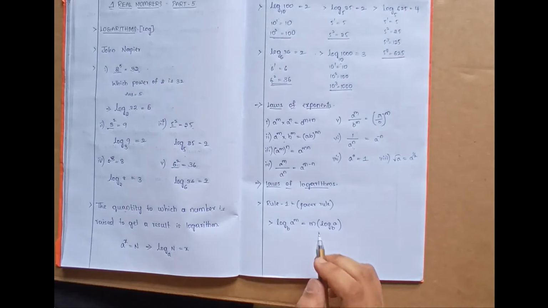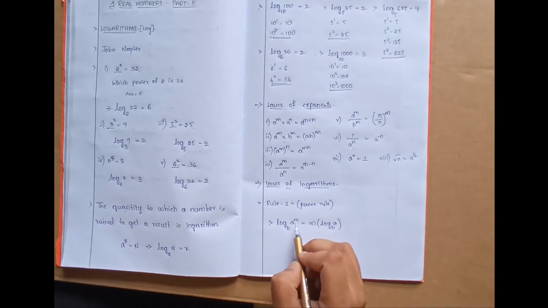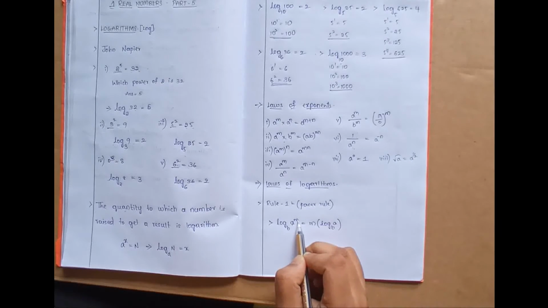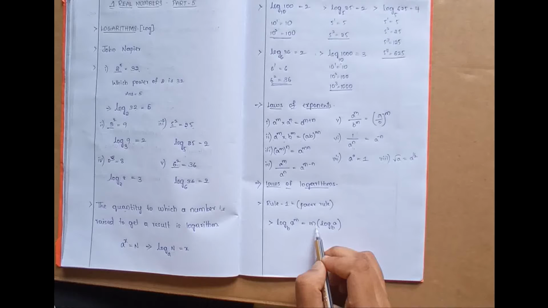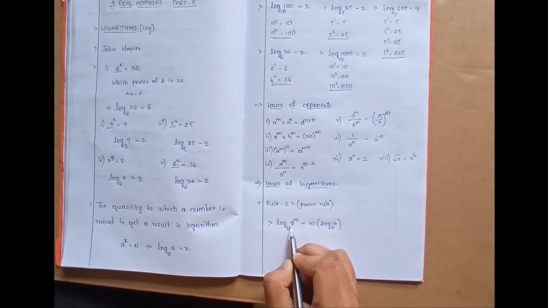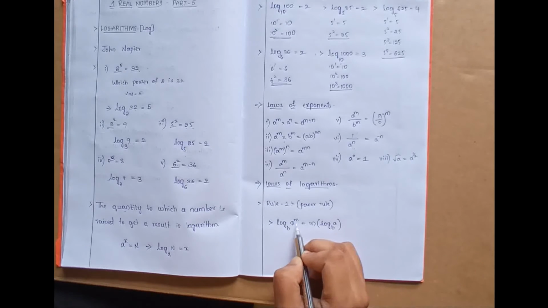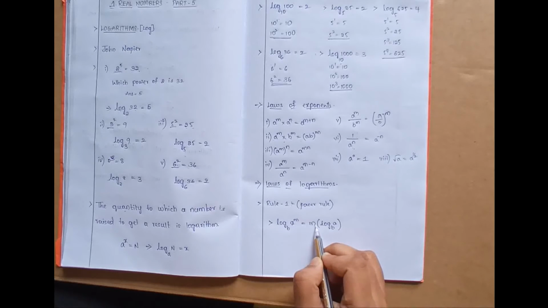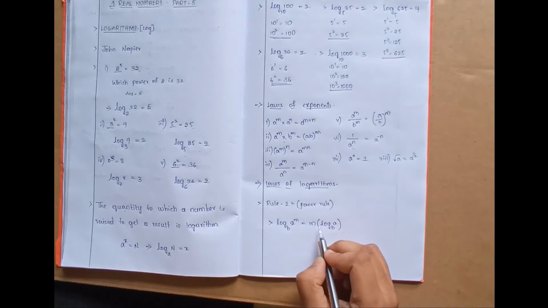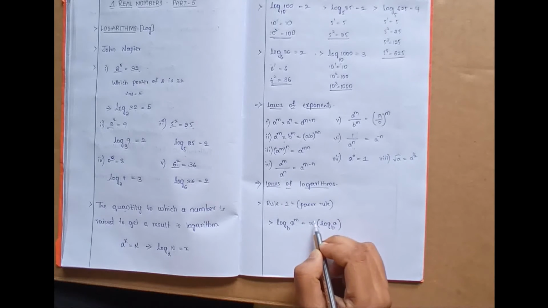Here when there is an exponent on the logarithmic number, then that goes out as it is, and the rest will be as it is. It goes out and multiplies the logarithm, so the logarithm is multiplied by m.